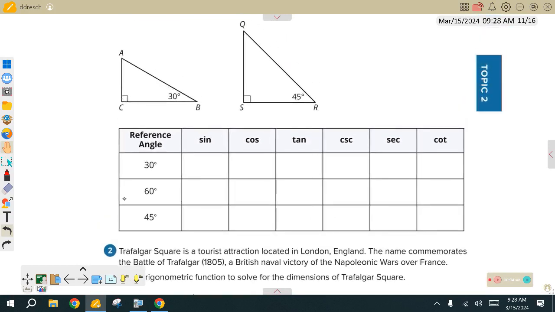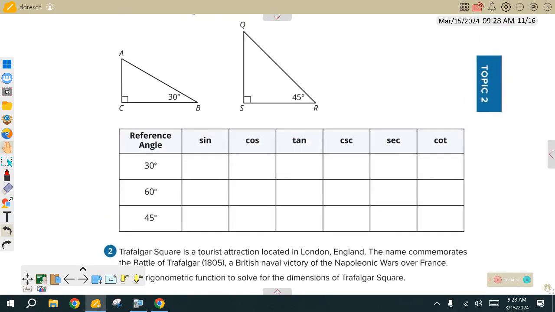These are our go-to special right triangles. They ain't ever going to leave you. As you roll into next school year, if you go on to physics at some point, these are three very special angles, 30, 60, and 45. At some point, you're going to just start to remember those specific ratios.